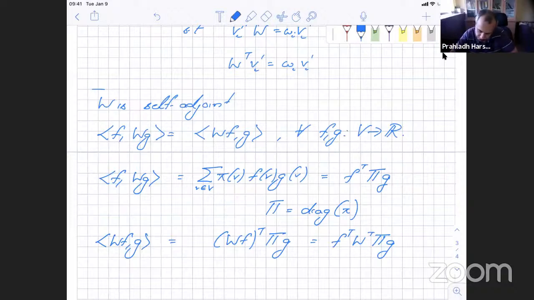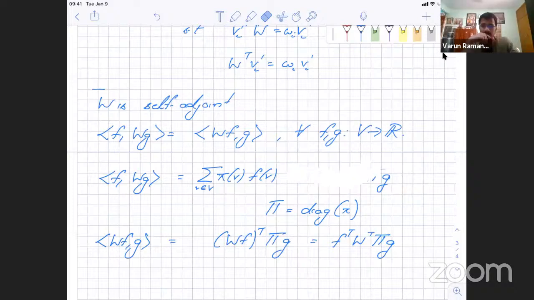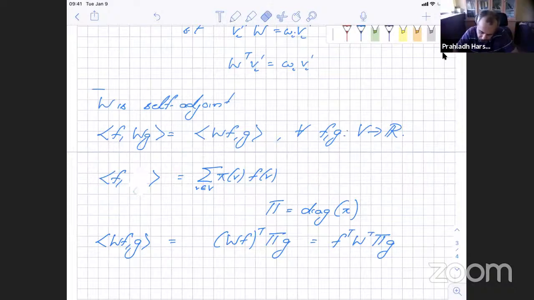There is no W in the first expression. You are right. So what I wanted to write was this one. Let's first write FG, the sum of F(v) G(v). This is F transpose pi G.